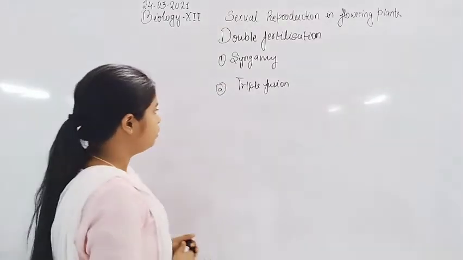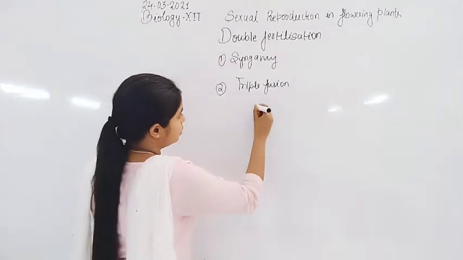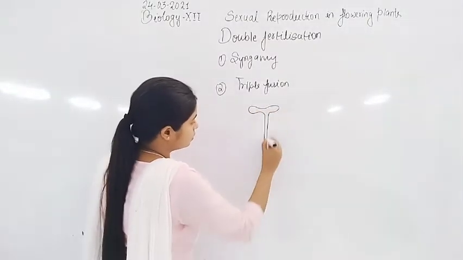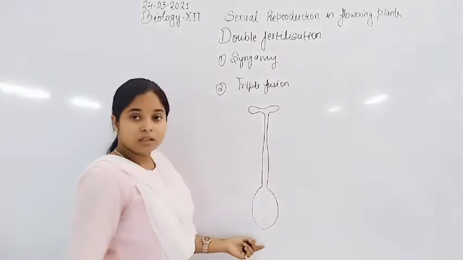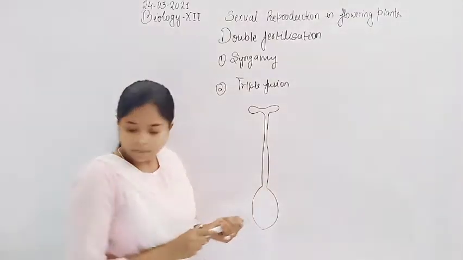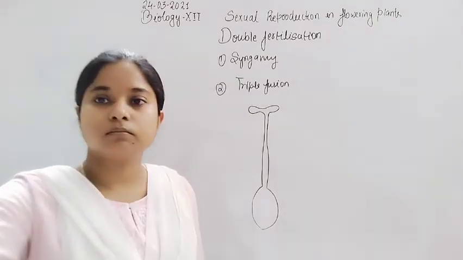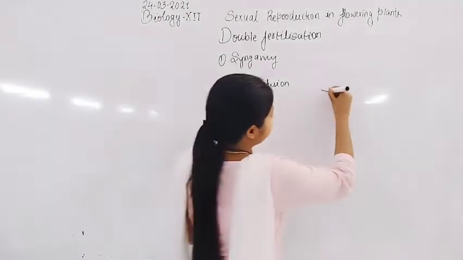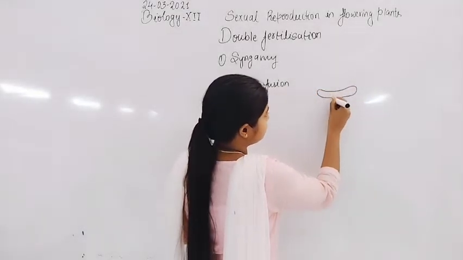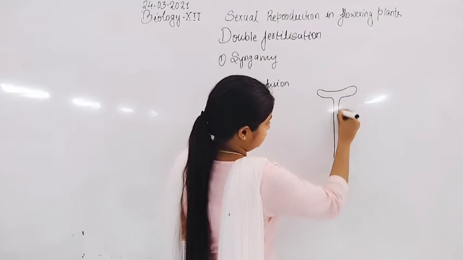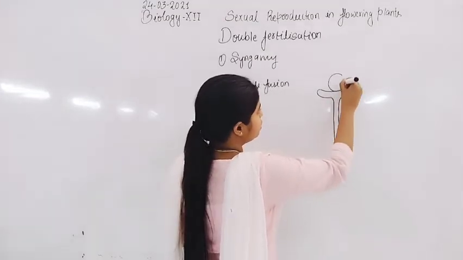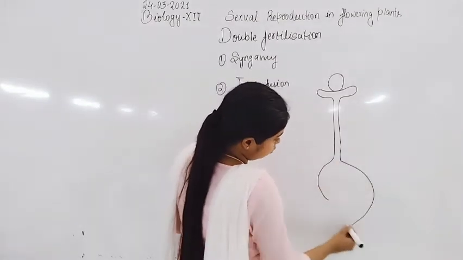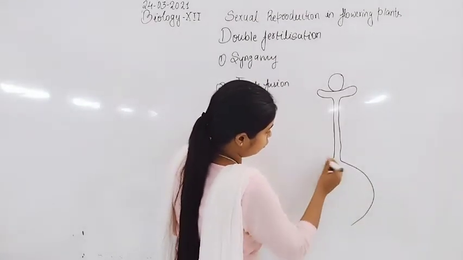So in double fertilization, here is the stigma, and when the pollen grain reaches onto the stigma, here is the ovary, the structure of the ovary.